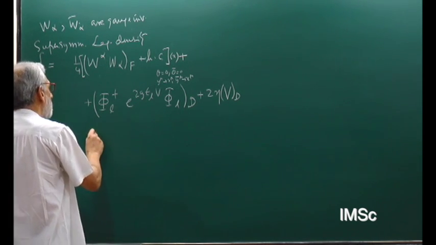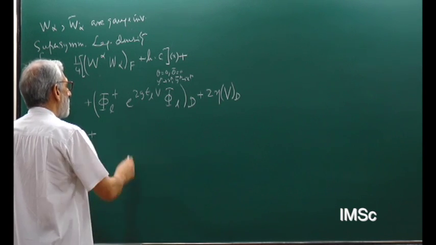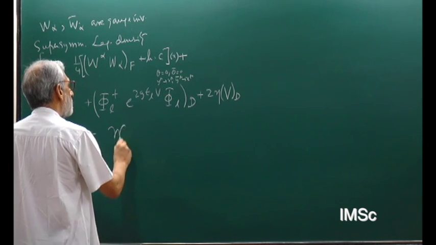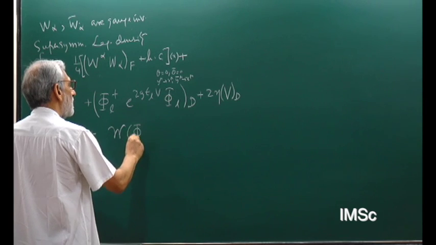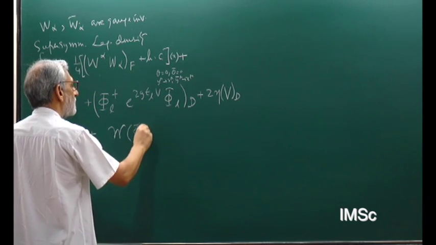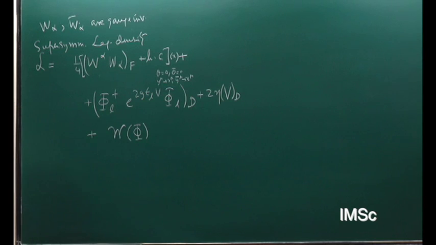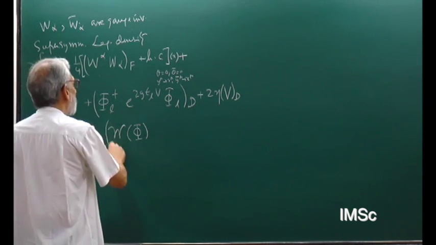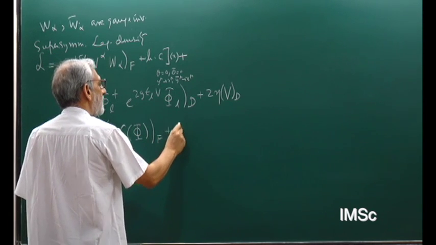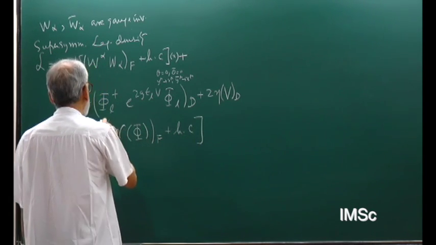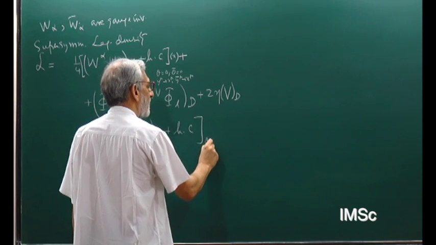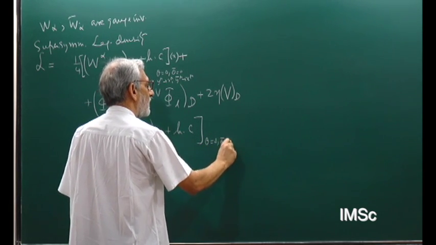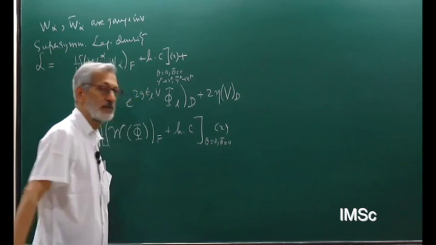Then you could construct a superpotential, curly W, which is a function of all these superfields, a polynomial function up to the highest power Phi cubed for renormalizable field theories, and take an F term of that superfield and Hermitian conjugate, and then take theta equal to 0 and theta bar equal to 0. That will make it a function of x.